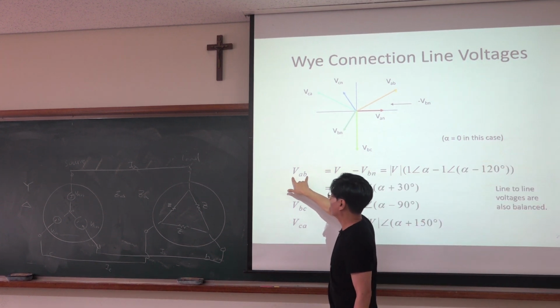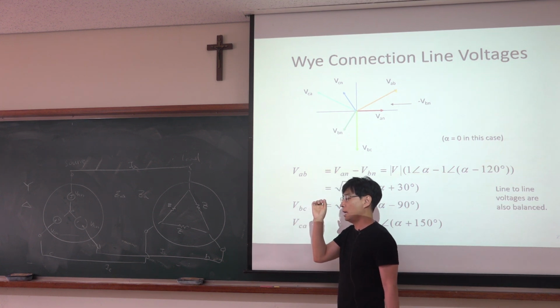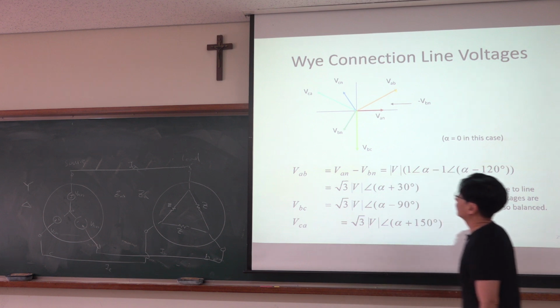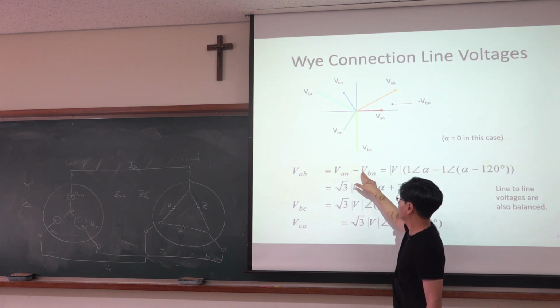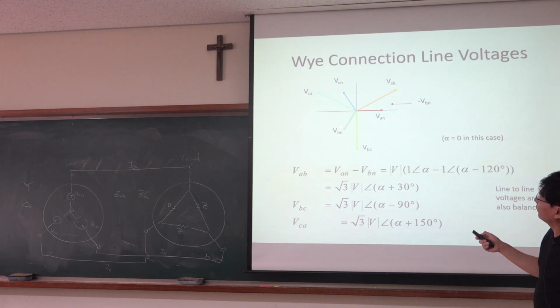This is called the line voltage, VAB: the voltage at line A with respect to line B. This is VAN minus VBN. So VAN, VBN, this minus that is this arrow, and that is the same as this arrow.